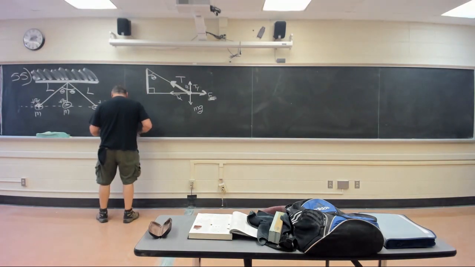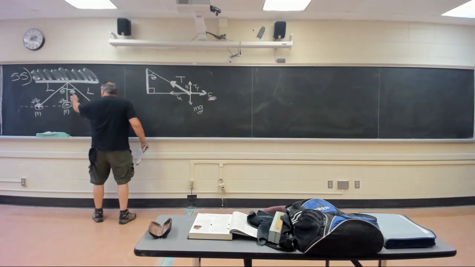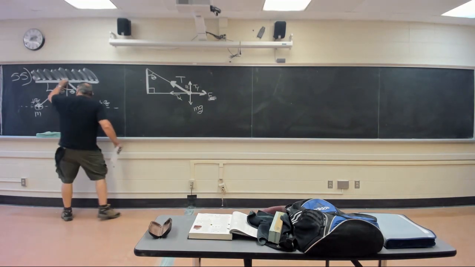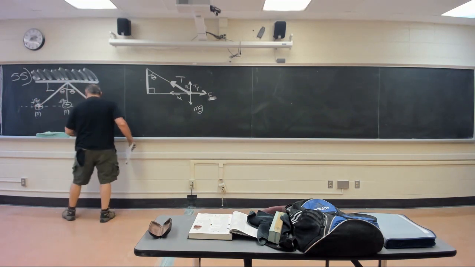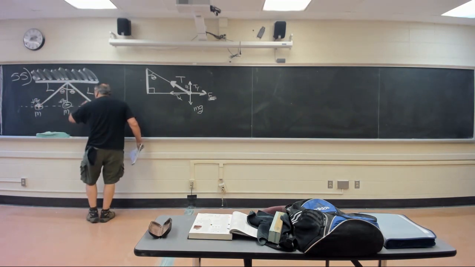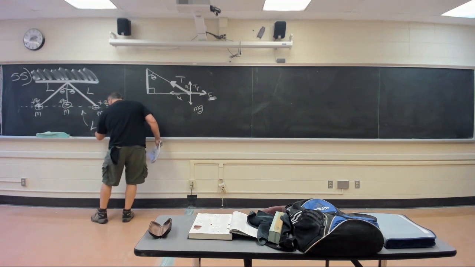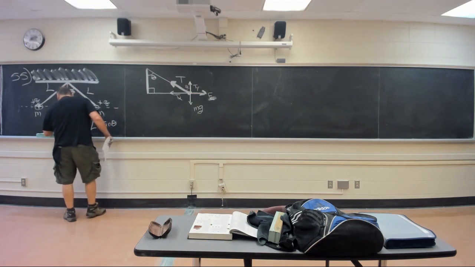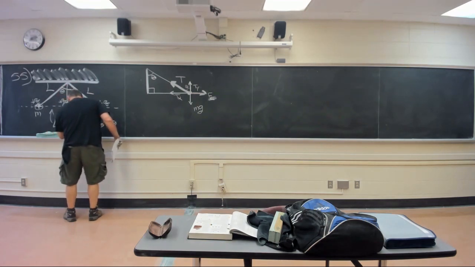This right here is equal to, here's theta. This is big L right here. And this is big L right here. This right here is L sine theta. This right here is also capital L sine theta.